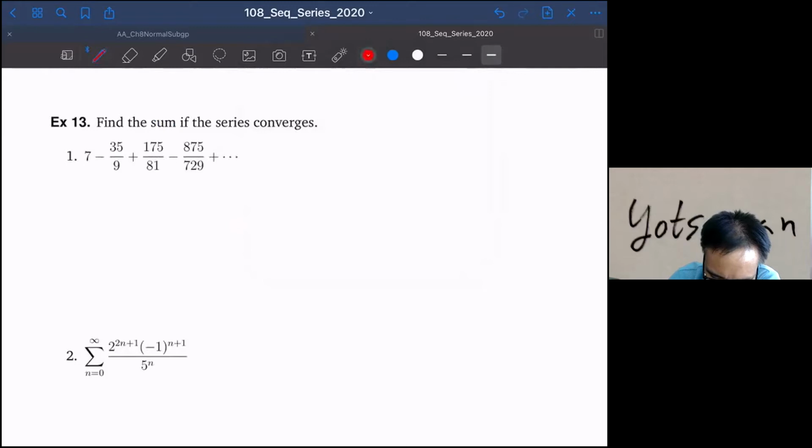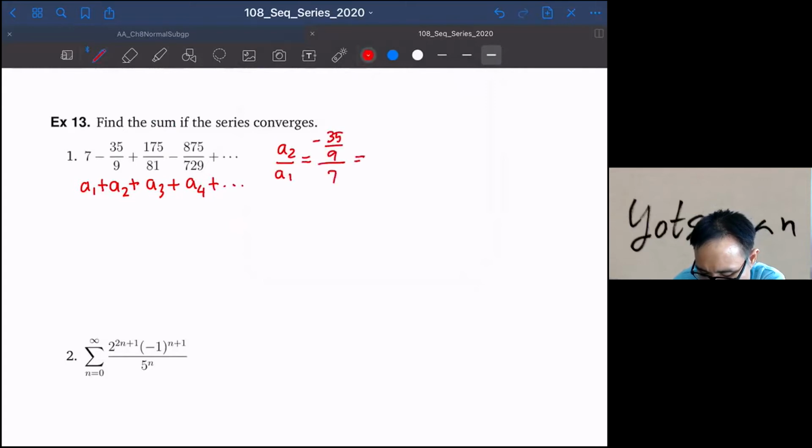So you have A1, A2, so it's A1 plus A2 plus A3 plus A4 and so on. A2 over A1 equals -35 over 9 over 7, so it's going to be -5/9.